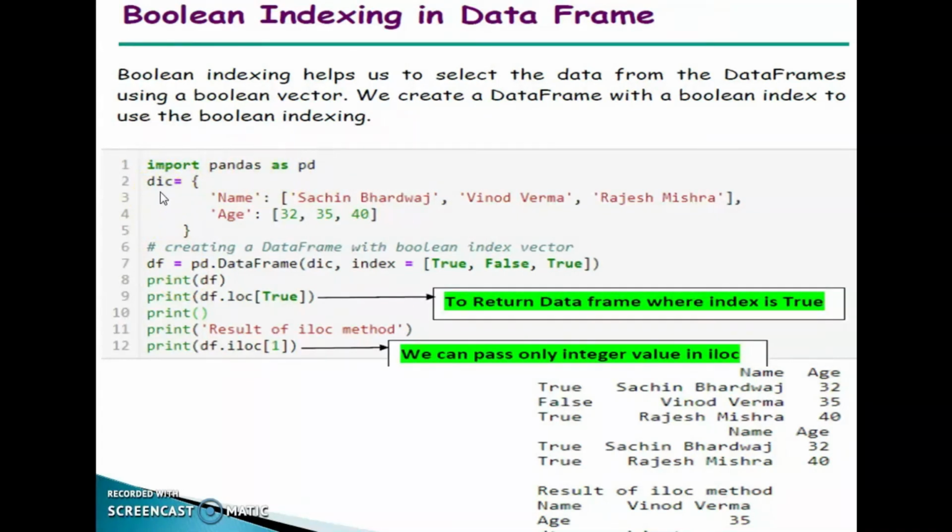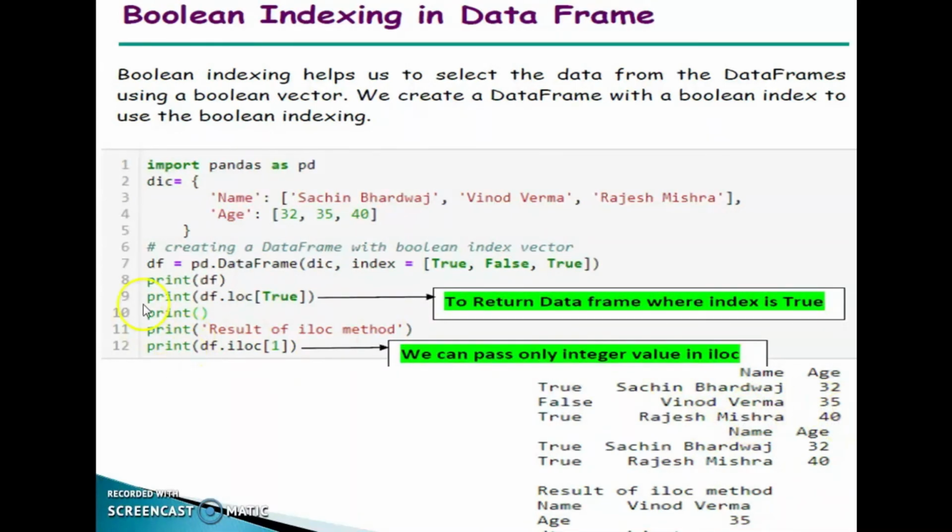Dictionary object dic is equal to name, the values are Sachin, Vinod and Rajesh, age 32, 35 and 40. df is equal to pd.DataFrame(dic, index=[True, False, True]). Print df, we can see true, false, true, Sachin 32, Vinod 35, Rajesh 40.